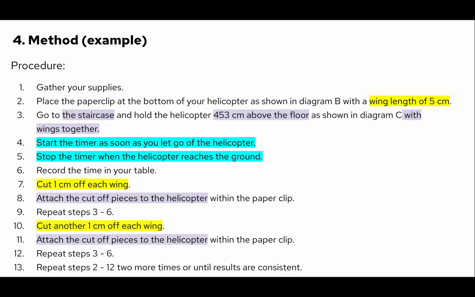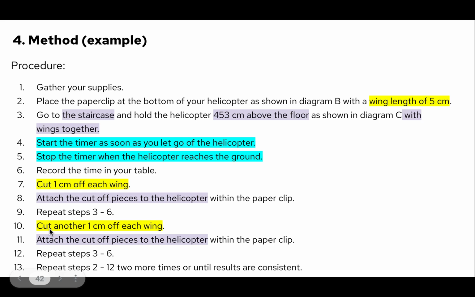Step 7, cut 1 centimeter off each wing. Again, notice that this is in yellow. It is my independent variable because now the wing lengths will be 4 centimeters. Step 8, attach the cutoff pieces to the helicopter with the paperclip, again in purple because it's a control variable. It's something that's going to stay the same. Step 9, we will repeat steps 3 through 6.